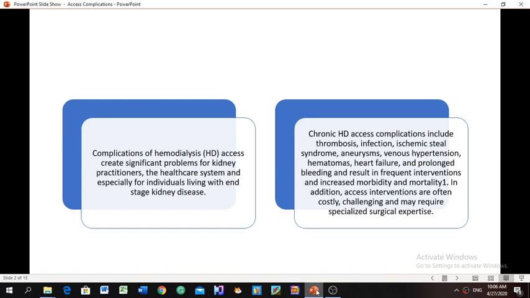Chronic hemodialysis access complications include thrombosis, infection, ischemic steal syndrome, aneurysm, venous hypertension, hematoma, heart failure, and prolonged bleeding, and result in frequent interventions and increased morbidity and mortality. In addition, access interventions are often costly. There are many challenges and may require specialized surgical procedures.